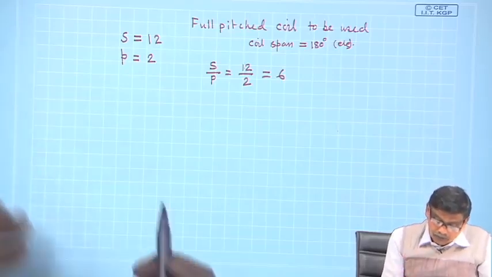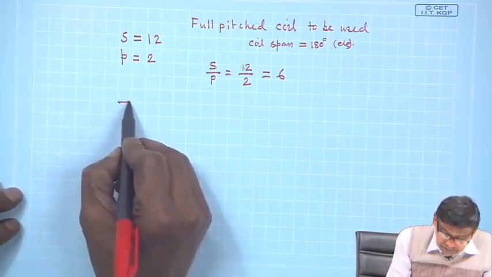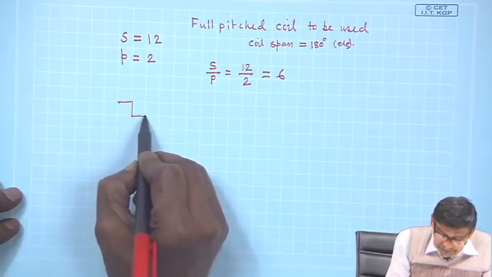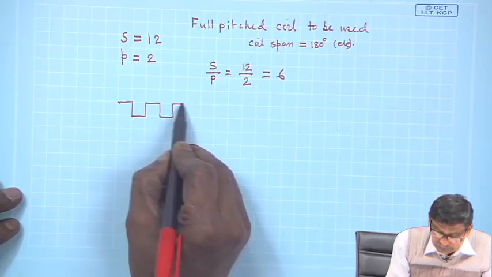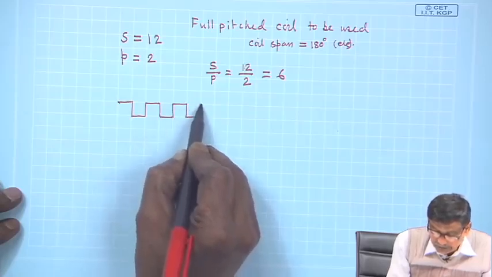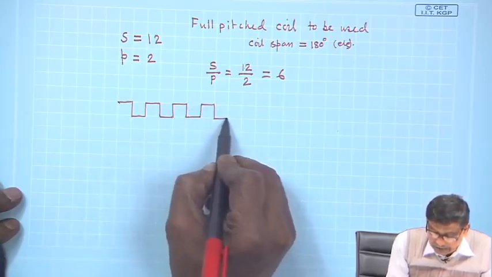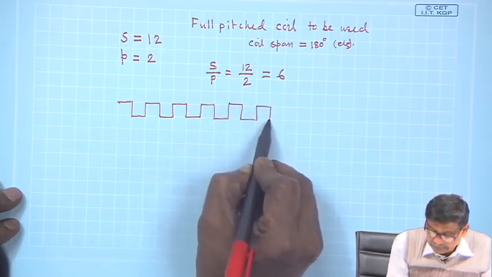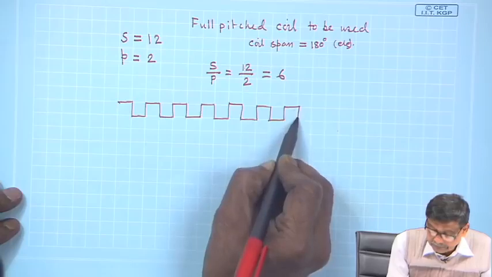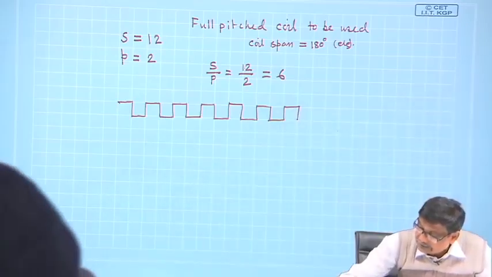Now, these slots are like this: slot, tooth, slot, tooth, slot. It goes like this in the developed diagram. And 12 such things are there.